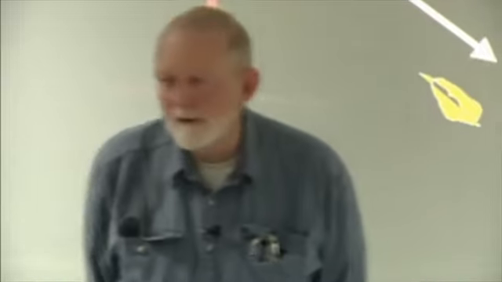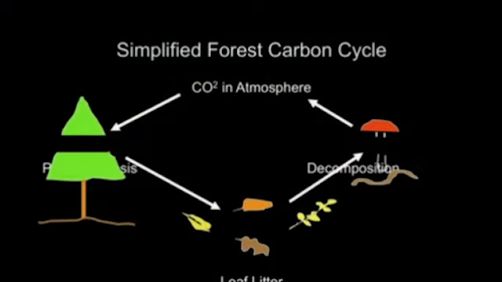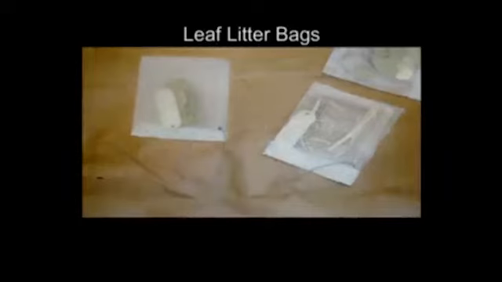And they simplified, if you will, that carbon cycle to one of basically photosynthesis producing a leaf biomass that drops to the ground in these deciduous forests, and then the decomposers decomposing that material and returning CO2 to the atmosphere. And they use leaf litter bags that would have prevented insects from being part of this breakdown process. The process of breakdown would have to be accomplished, if you will, by fungal species.